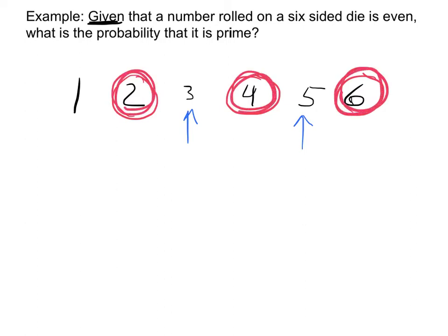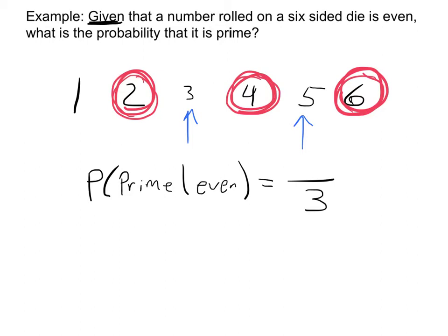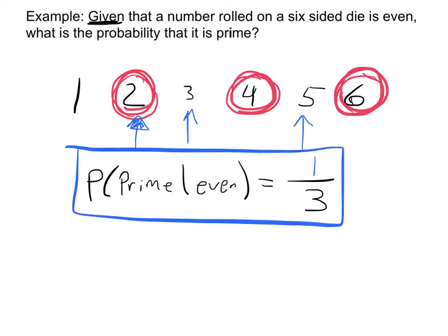So mathematically, this question is saying, what is the probability of prime given even? Out of the 3 things that I'm looking at, only one of them is prime, so we're looking at 1 out of 3. When I talk about it being a restriction of the sample space, sometimes it's going to be a counting problem like this.